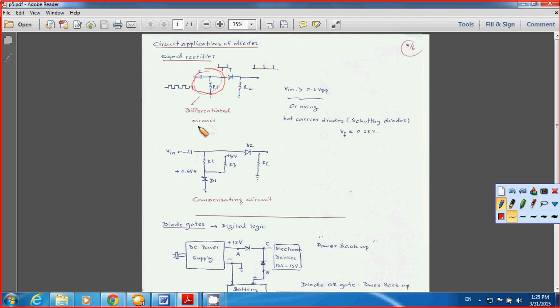What does differentiator circuit mean? It means when you want to have V out here, you simply differentiate your input signal that's coming in. Okay, this is directly proportional to this one here.